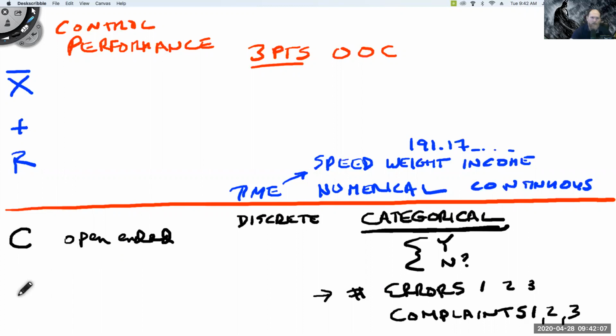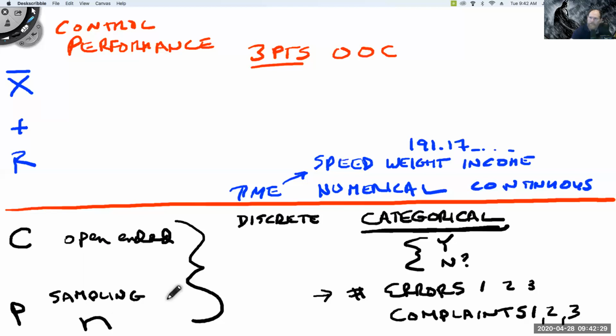Okay. The other so the first thing to figure out once we get into tactical framing over here is do we have an open-ended situation, or do we have a situation where we are sampling? And by definition, if we are sampling, then we have an N. Okay. So that's another way of looking at this.